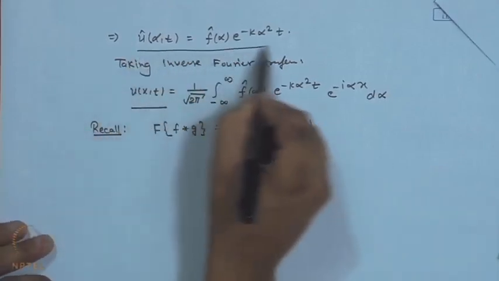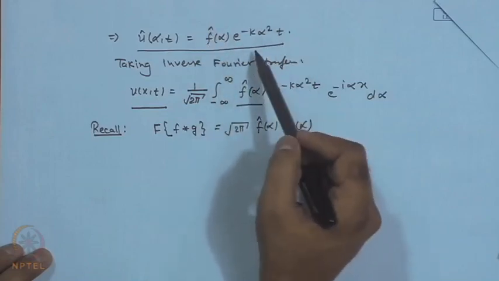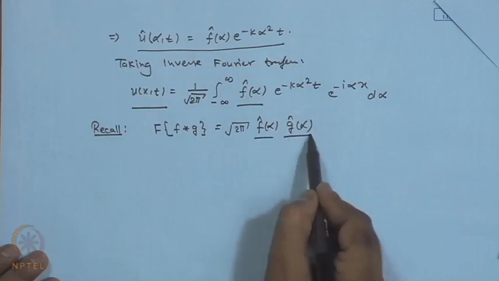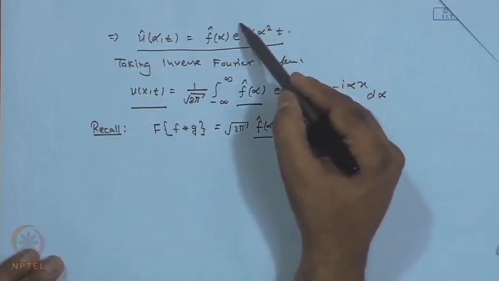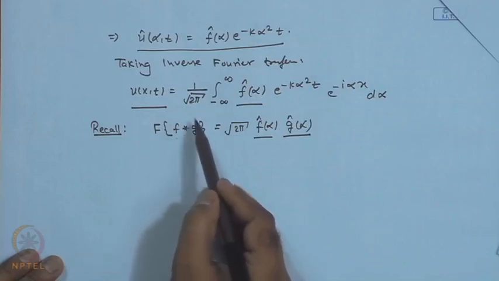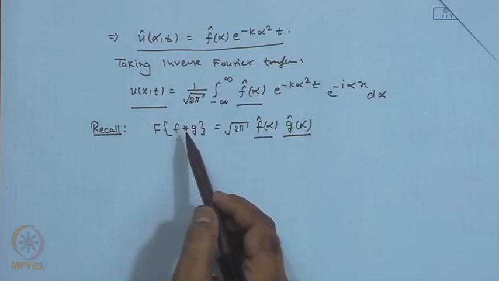If we take the inverse Fourier transform of the multiplication of two Fourier transforms like this, and we know the inverse Fourier transform of one of them, then we can get u(x,t) just by the convolution of f and g.